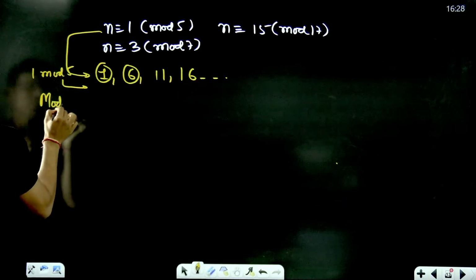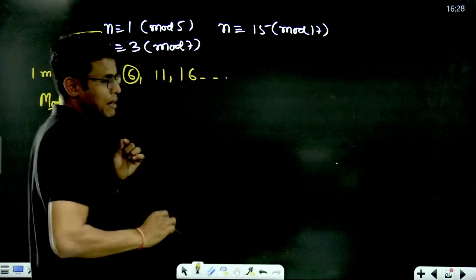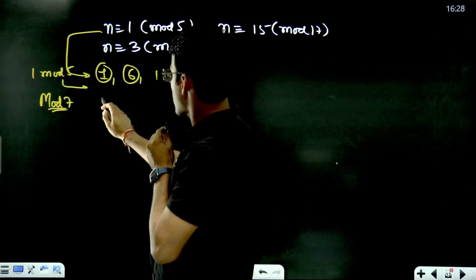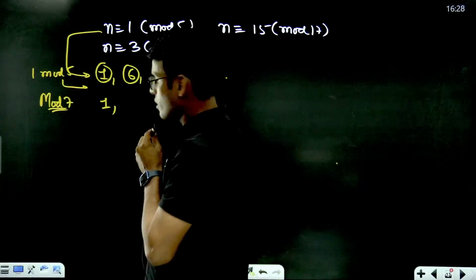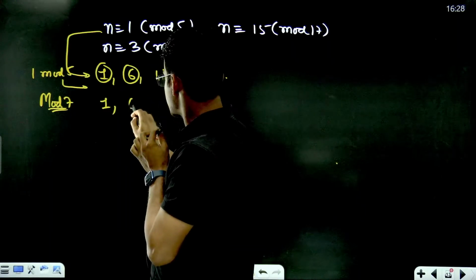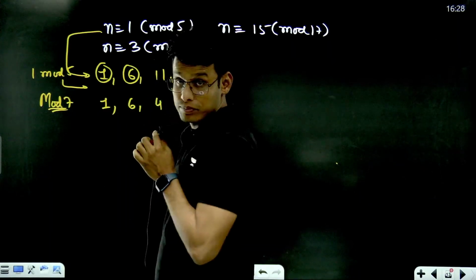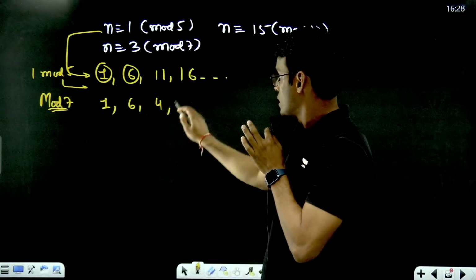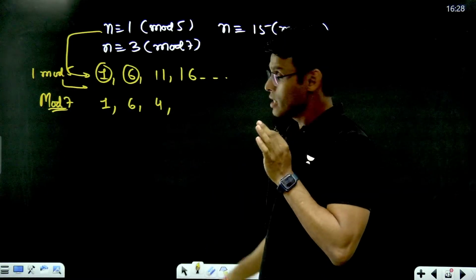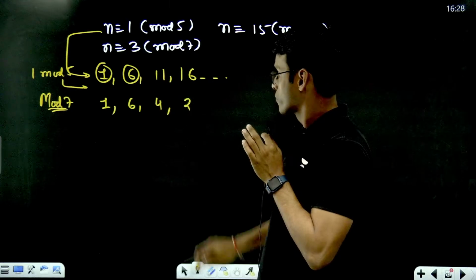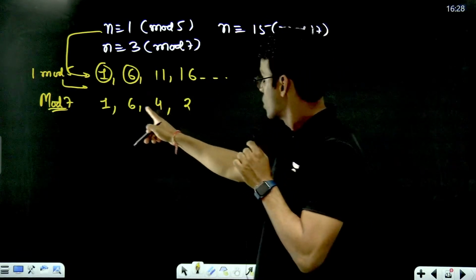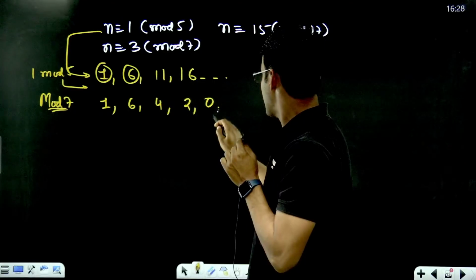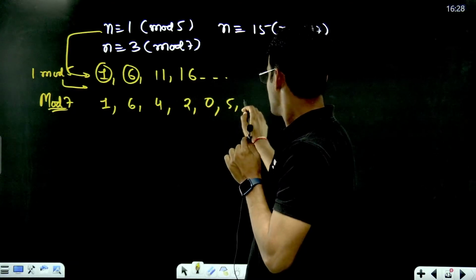I am writing the mod 7 remainders here: this is 1, this is 6, this becomes 4, 16 is 2. Are you seeing it? 1, 6, 4, 2, then 0, then minus 2 is 5, 3.